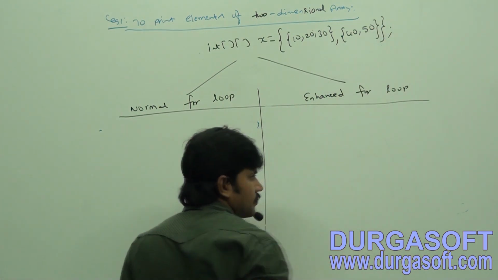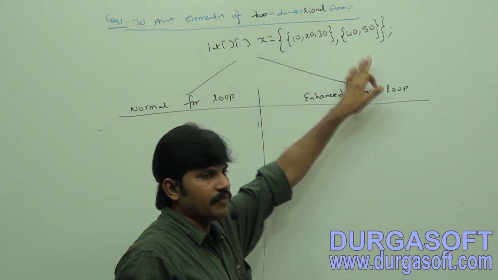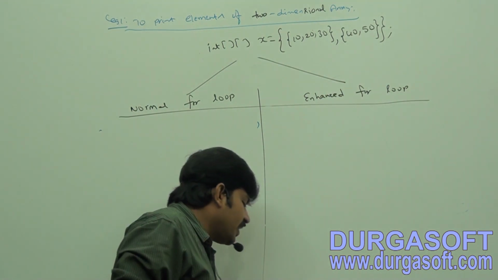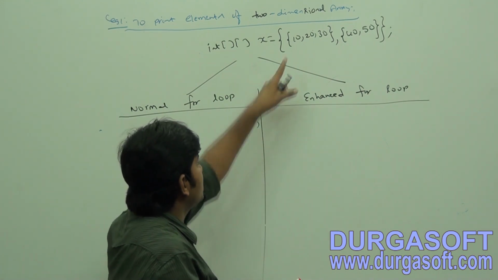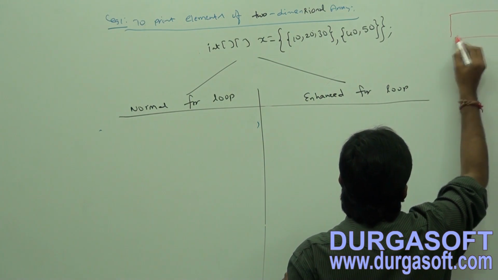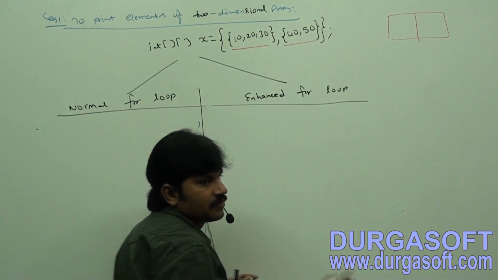Two-dimensional array 10, 20, 30, 40, 50, like this I am taking. Can you tell what is the base size in this two-dimensional array? What is the base size? 2, because two one-dimensional arrays are there.